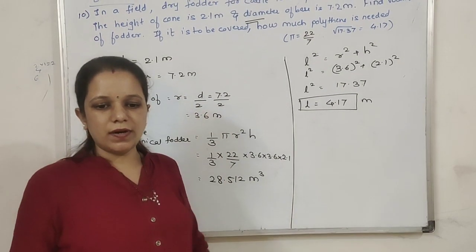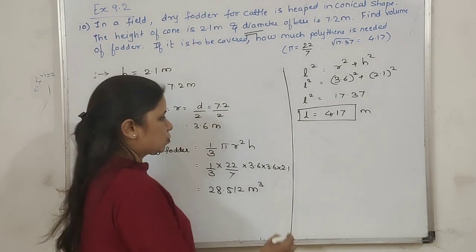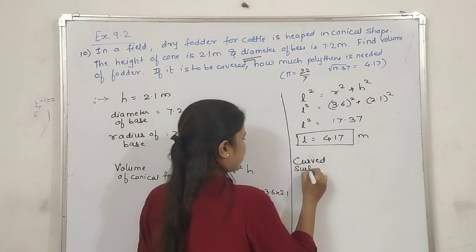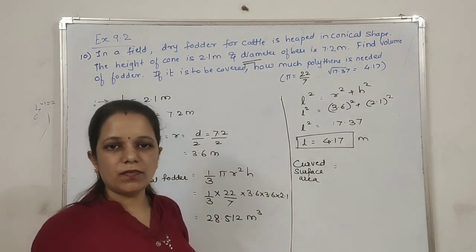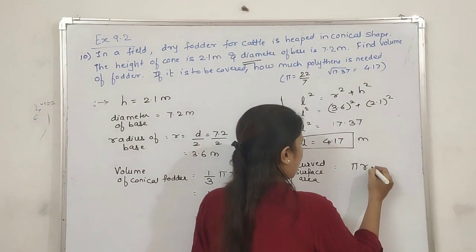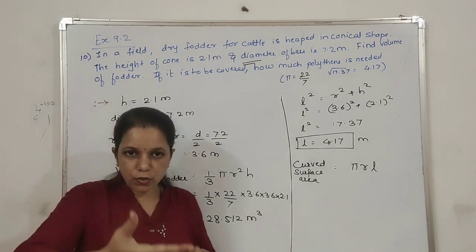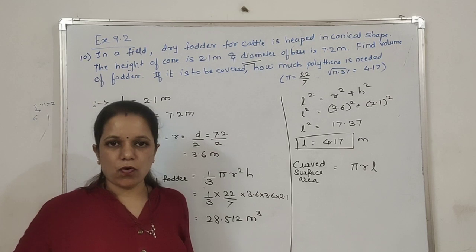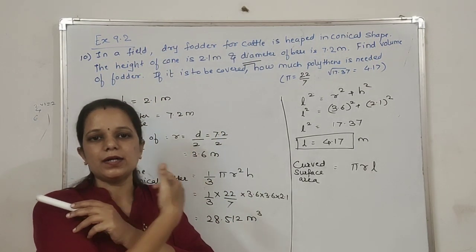So to cover it, the curved surface area is equal to, the formula for curved surface area of the cone is pi r L. Now why not total surface area? Because you don't need to cover the cone from the bottom, because the fodder is placed like this. So only the upper part you need to cover.